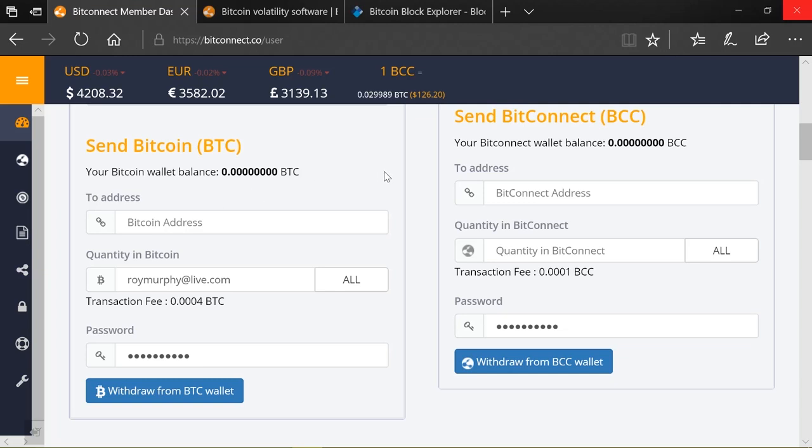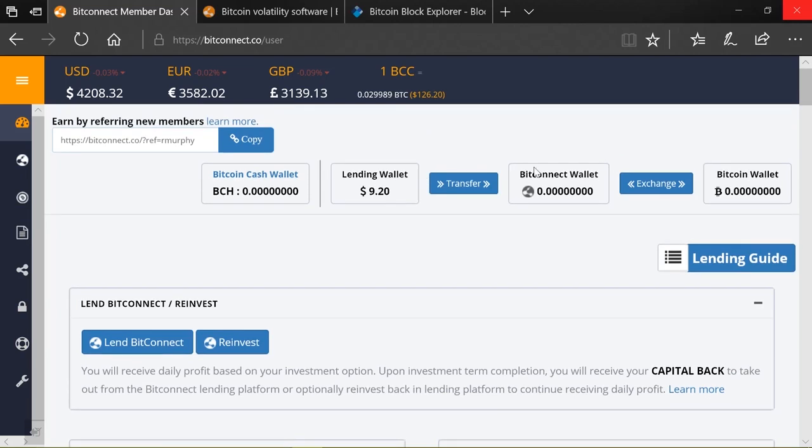Okay, so you've got your Bitcoins, you've exchanged them, and you receive Bitconnect coins. Bitconnect coins run the system, and this is the ingenious part. When Bitconnect first started, in beta phase, it was just Bitcoins, and then it was just a trading platform. You could trade between that and dollars, and it was just a trading bot.